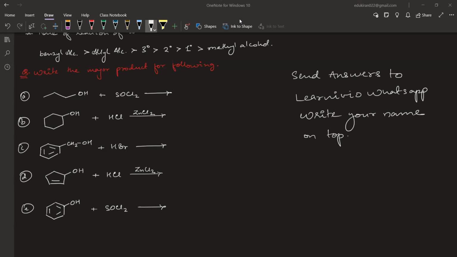Oh, what happened? No one has sent the answer. Atif, Akshay, Hamza, Hiba, Aisha, Krishna, Kulsum. So I sent the answer, but it's not going to the contact. Only one tick is showing. Is there anyone who is facing the same problem? Yep, only one tick is there.